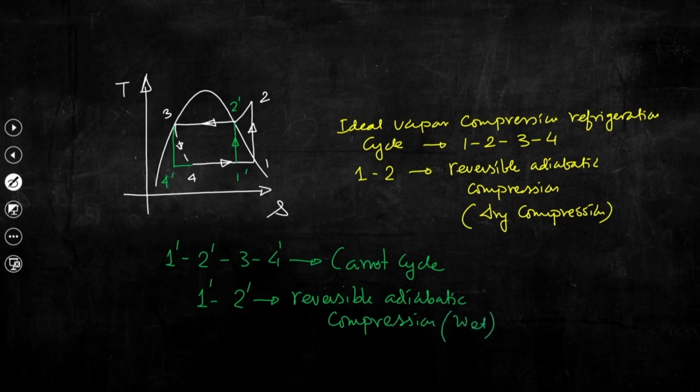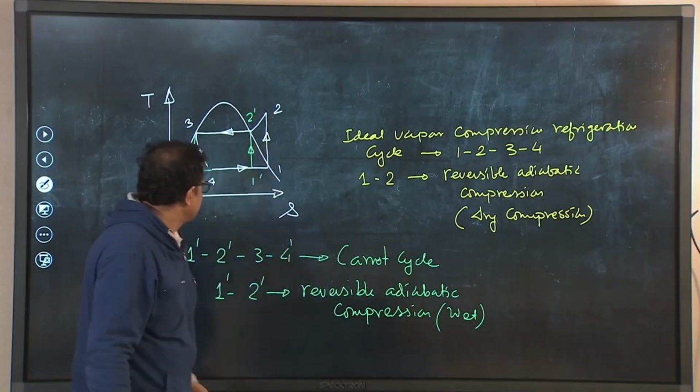Why is it wet? Because you can understand, the state of the working fluid corresponding to this point 1 prime is not a saturated vapor. So, this is a two phase mixture. So, that time the compressor needs to handle this two phase mixture. Now, handling two phase mixture is indeed a challenging task. Why it is so, I will be discussing soon.